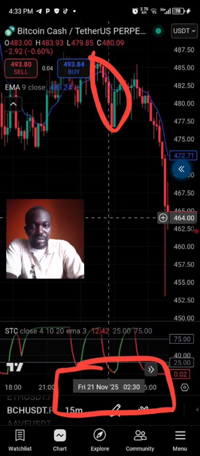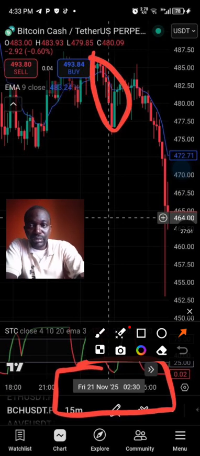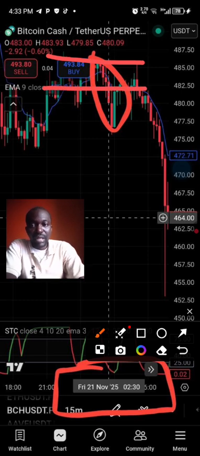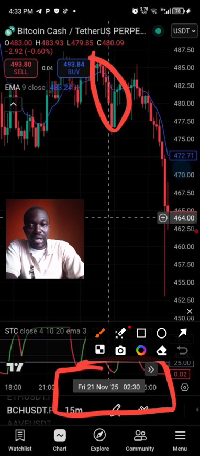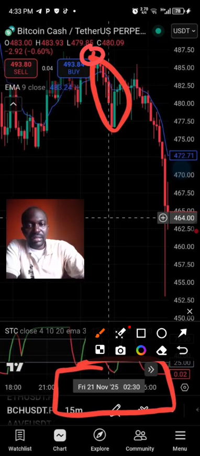Initially BCH was coming up, and then we came into a resistance level right here. 1, 2. That was our resistance level. Let's draw the highs now. This is the highest high. This high is higher than this high, and a lower high indicates a downtrend.